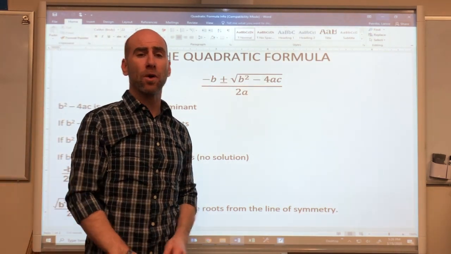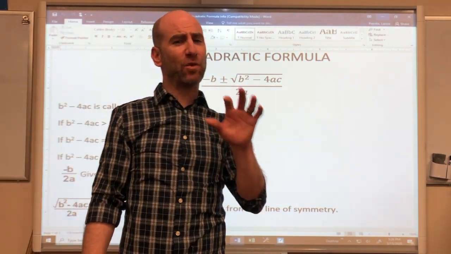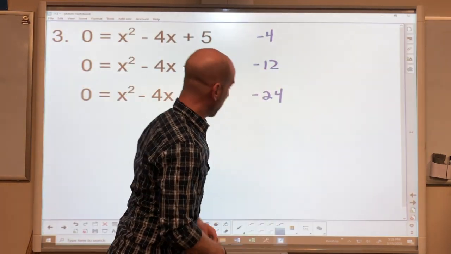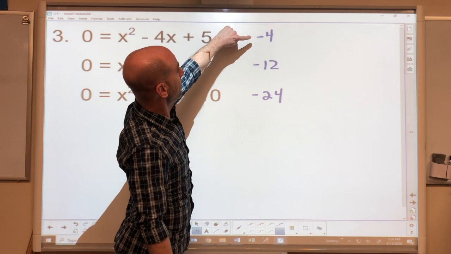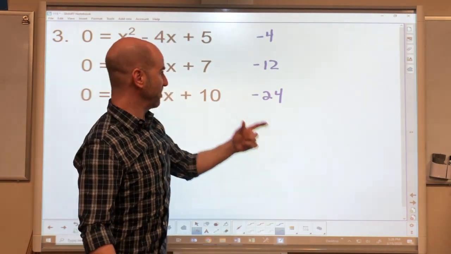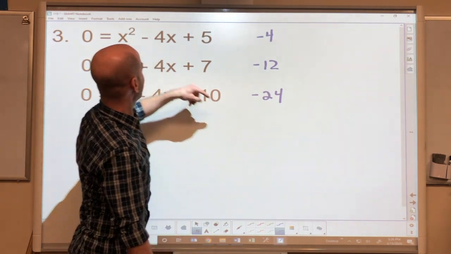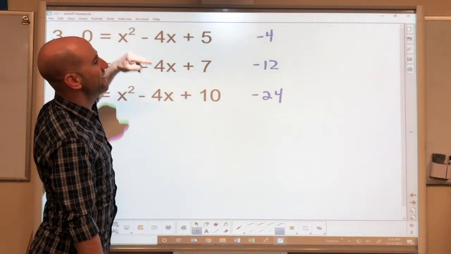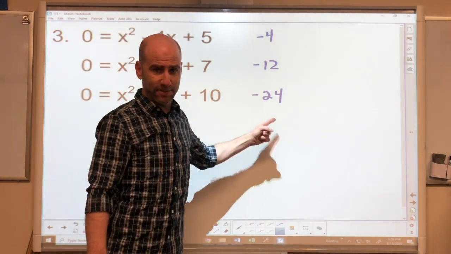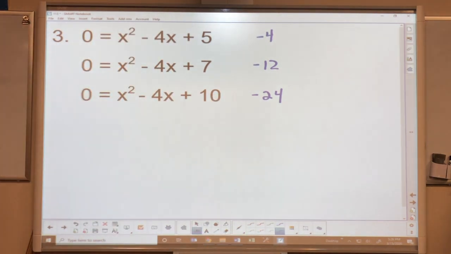Now I'm going to show you how these look on the graph because I want you to take note of this. This is very close to 0 relative to this, and so look how close this is to having a solution, and look how far away that is from having a solution.